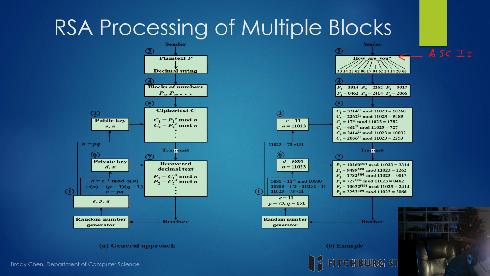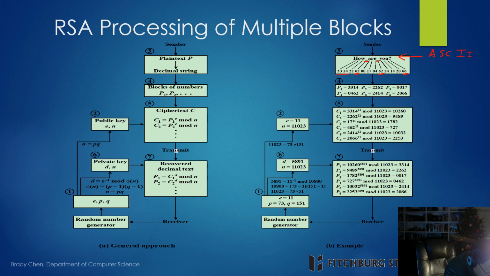So the ASCII code for capital H is 33. The ASCII code for lowercase o is 14. For each character, we can convert into the ASCII code, including the space. The space is 62, and here's another 62. These are two spaces. And the question mark is 66. So we got each of the numbers.